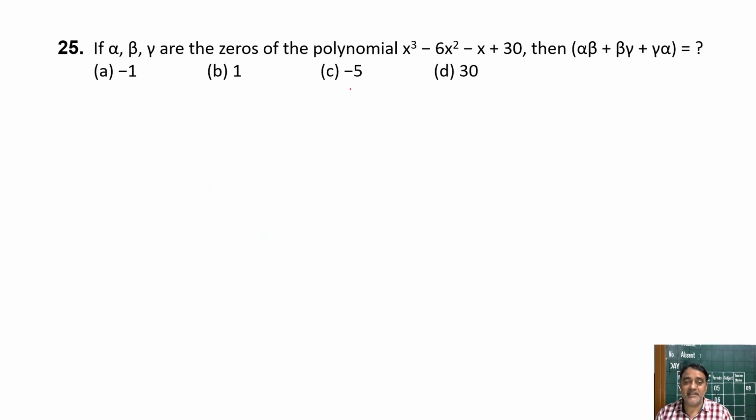If alpha, beta, gamma are the zeros of the polynomial x cube minus 6x square minus x plus 30, then find the value of alpha beta plus beta gamma plus gamma alpha. See, there is a big doubt for cubic polynomial.